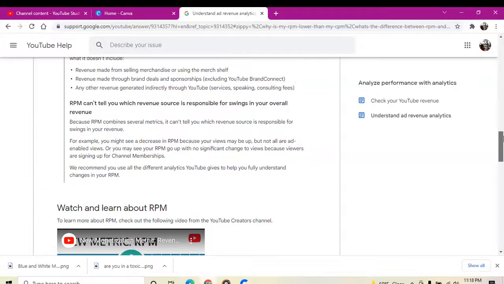For example, you might see a decrease in RPM because your views may be up but not all your ad-enabled videos are turned on. Or you may see your RPM go up with no significant change in views because your viewers are signing up for channel memberships. YouTube gives you tools to help you fully understand the changes in your RPM.